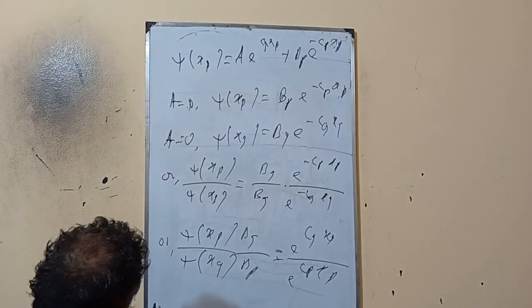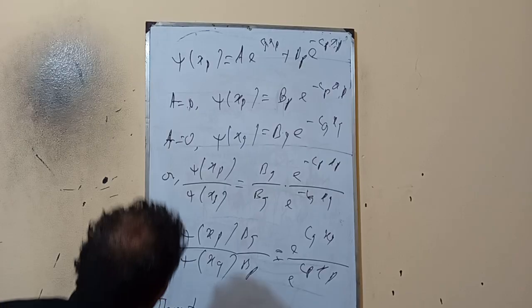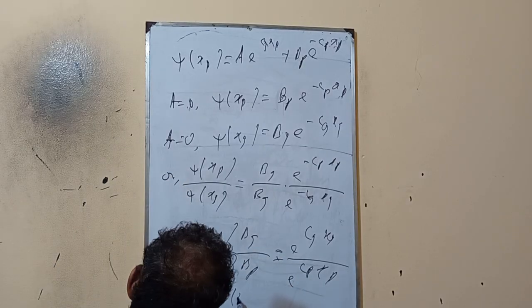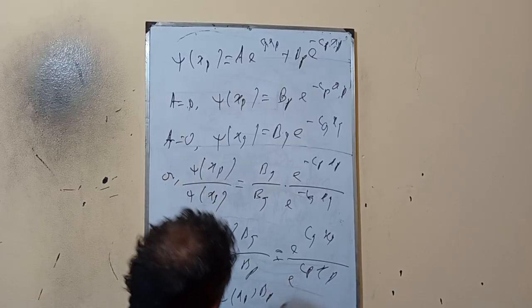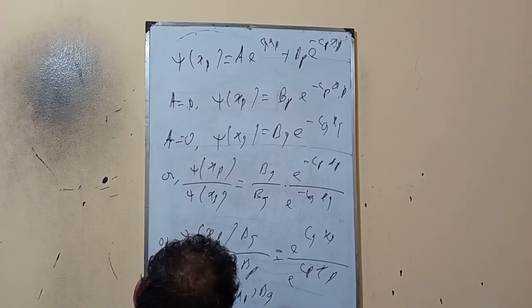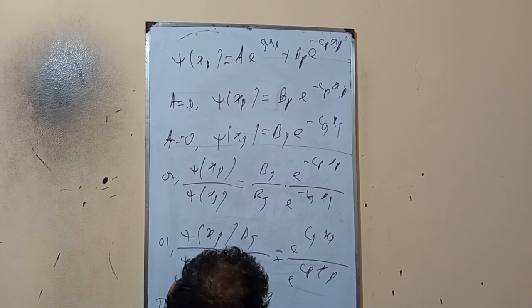Now we have to therefore XP, BP, BZ, and XZ. BP is equal to approximately 1.